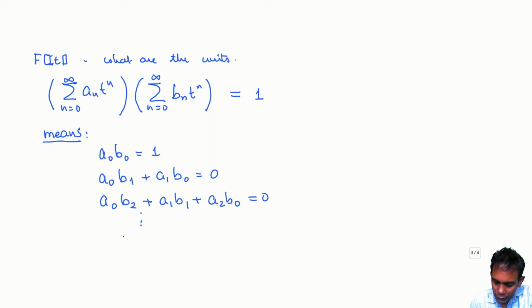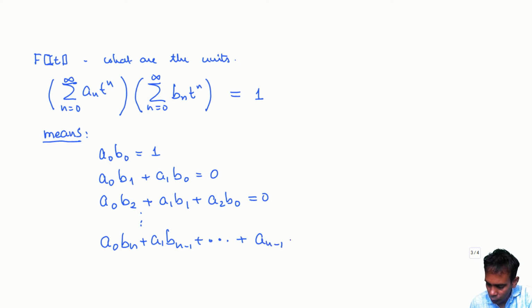And generally what we get, comparing the coefficient of t raised to n on both sides, is a0 bn plus a1 b(n-1) plus dot dot dot, all the way to a(n-1) b1 plus an b0, and this also needs to be 0.